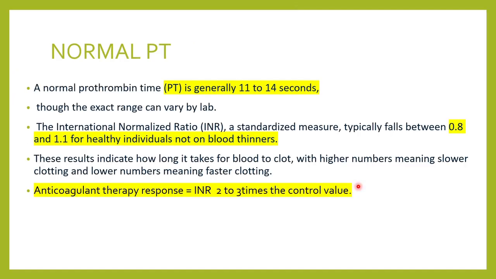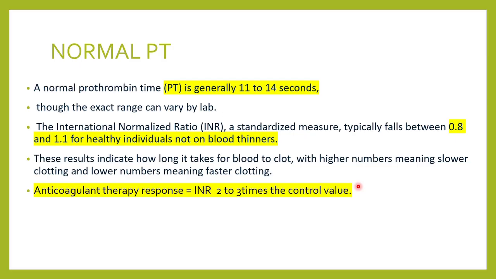So now how much is the normal prothrombin time? The normal prothrombin time is 11 to 14 seconds. That means for the blood to clot, it should take around 11 to 14 seconds. But this estimation of PT is not standardized in all the labs.